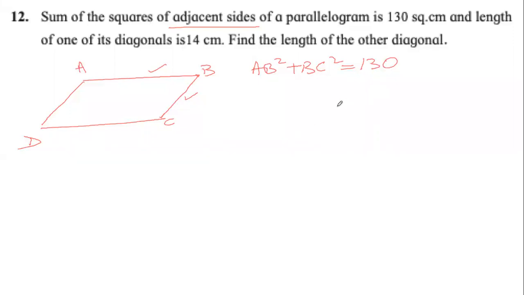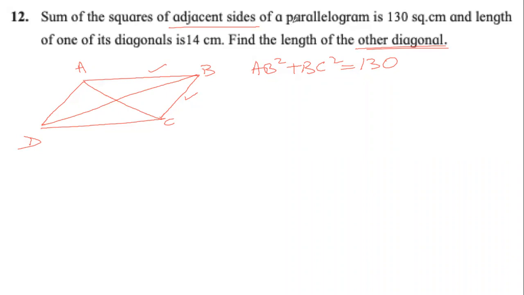The length of one of its diagonals is 14 centimeters. Find the length of the other diagonal. So if we imagine this, now the diagonals are AC and BD. It says one of the diagonals is of 14 centimeters.